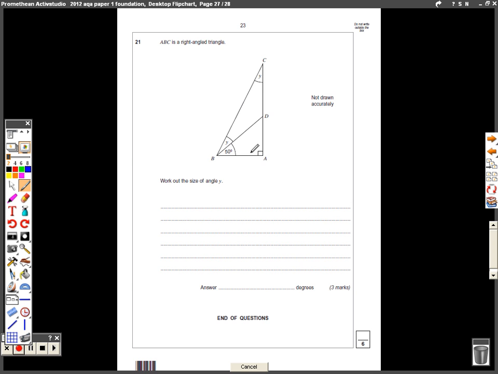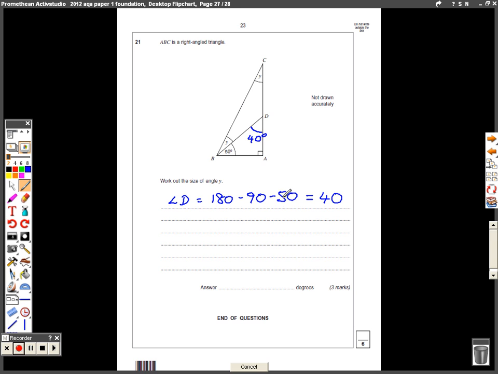So looking at the question, I'll just start working out anything that I can. Now, if I look at this right-angled triangle, I've noticed that the angles add up to 180. So the angle at D must be 180, take away 90, take away 50, which would mean that the angle at D is 40 degrees.